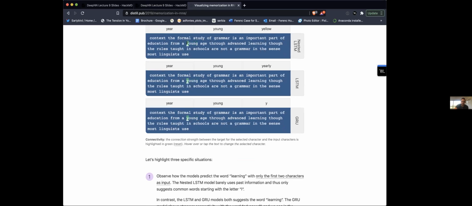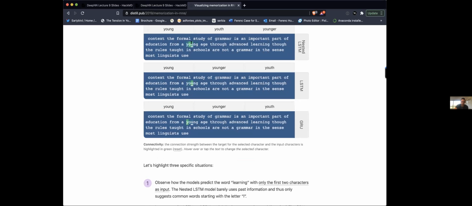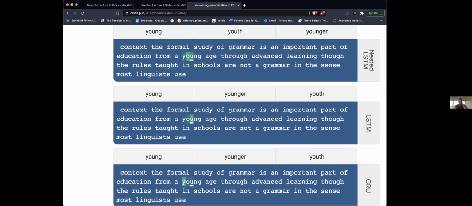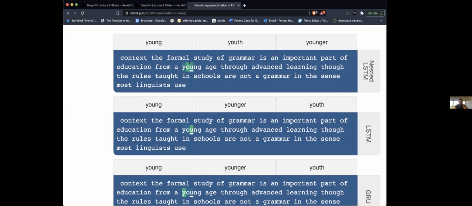If you put your cursor over a particular character, first of all, it's going to show you what the model predicts the next word is going to be at the top, over the blue text box. And in green, it highlights the characters that most influence its predictions about what the next word is going to be.